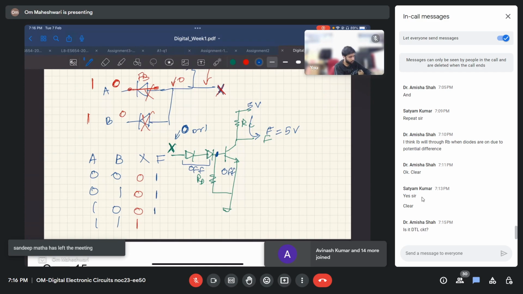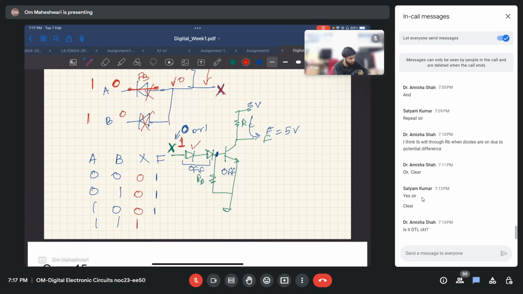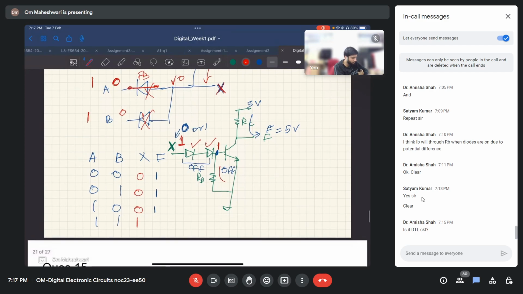When X is 1, this diode is on, this diode is on, we get 1 here, and there is some voltage difference here, VB greater than 0. Transistor on. When the transistor is on, we get very little drop here, that is 0.